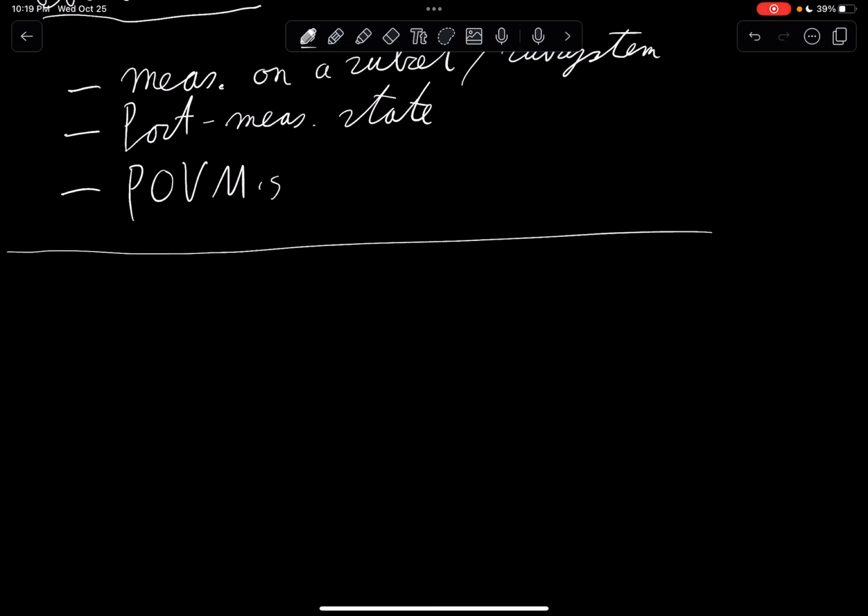So let me just give you the definition of how we will define a measurement, and then I will try to motivate this later on. Definition. A measurement, M, consists of a collection of outcomes. When we perform a measurement, we can get a number of possible outcomes.